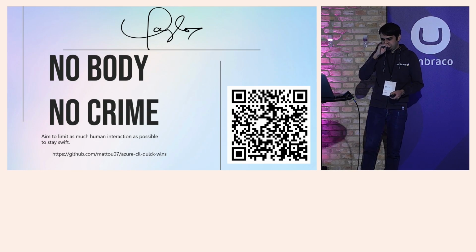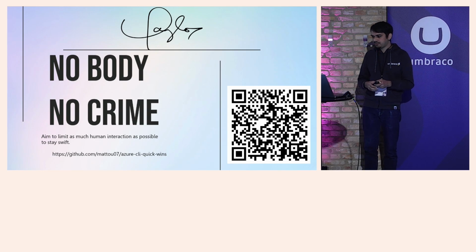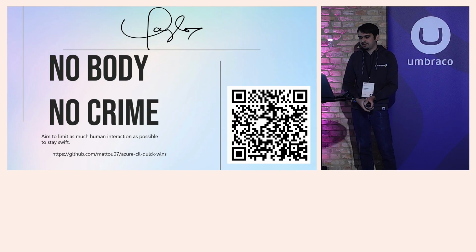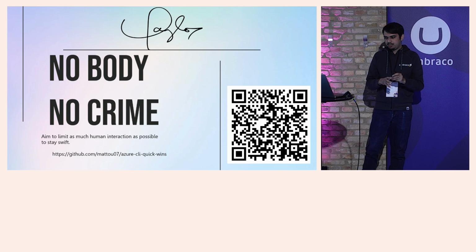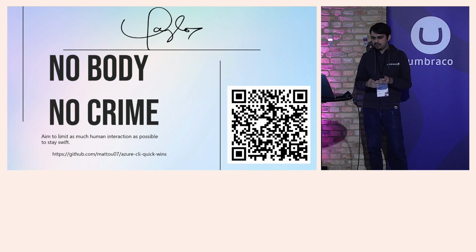This repo just has a few small examples of using the Azure CLI to achieve a few things that might be quite tedious to do in Azure, such as if you have a web app that uses Cloudflare and you want to keep that web app private. Cloudflare provides a URL with all the IP addresses that they will communicate on. And so I've got a small PowerShell script in this repo that will grab all those IPs from that endpoint and then loop through them all and assign it to your web app firewall.